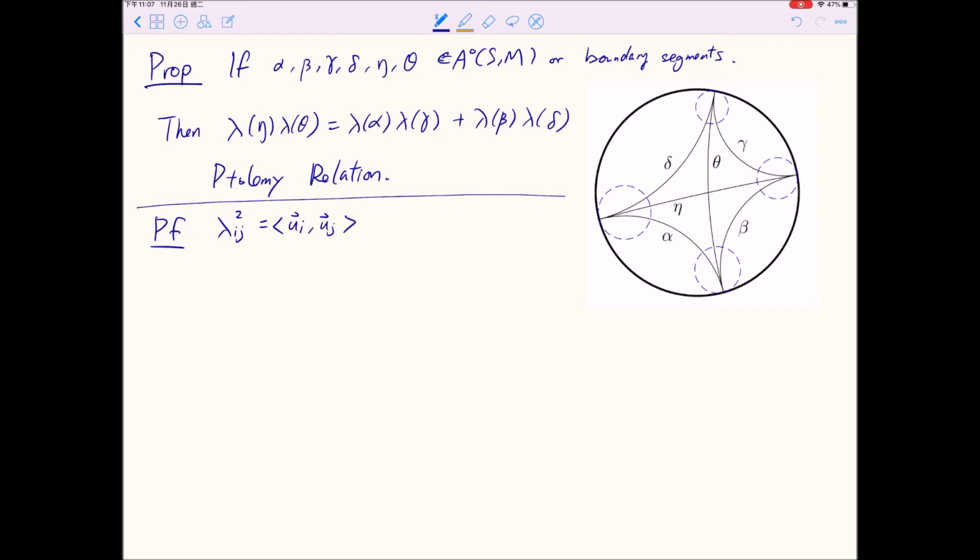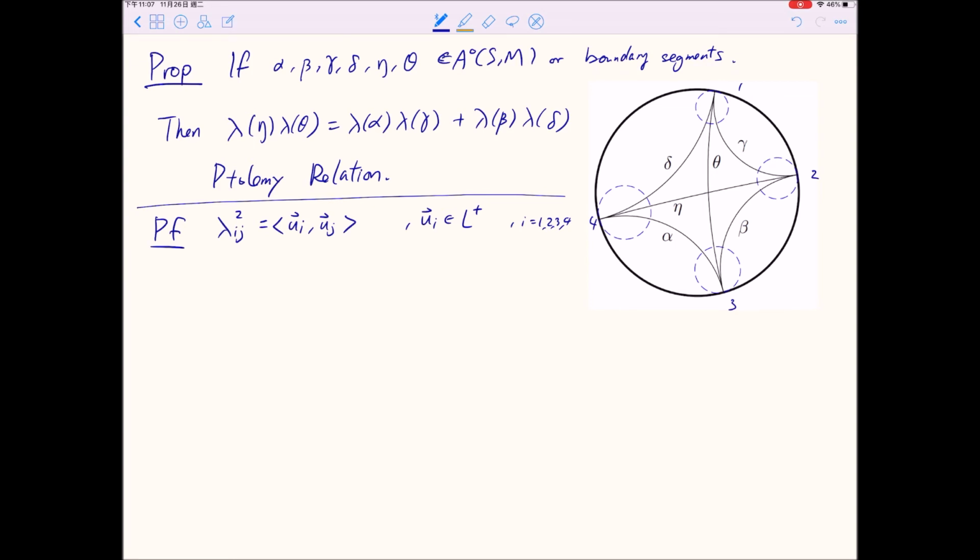So let's say we have the lambda length given by two horocycles given by ui and uj on the light cones, and say i is 1, 2, 3, 4. Instead of alpha, beta, gamma, I just use 1, 2, 3, 4 to describe the punctures. So let's say we have the lambda length between ui and uj.